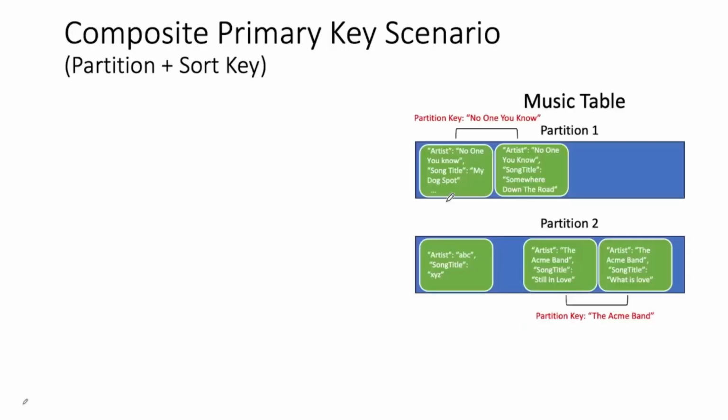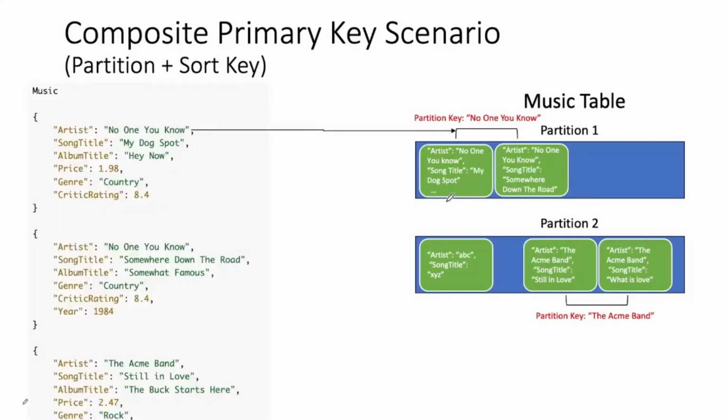In the composite primary key scenario, we go to our music table, and here you'll see that the partition key is taking us to the partition as well as the location within the partition where all the records having this partition key are stored. Further, the records in this location would be sorted using the sort key. So as with the single primary key scenario, the partition key is telling us the partition and the location where all the records for this partition key are stored.